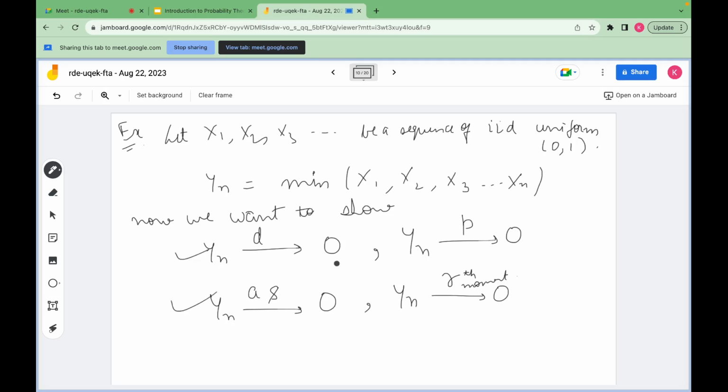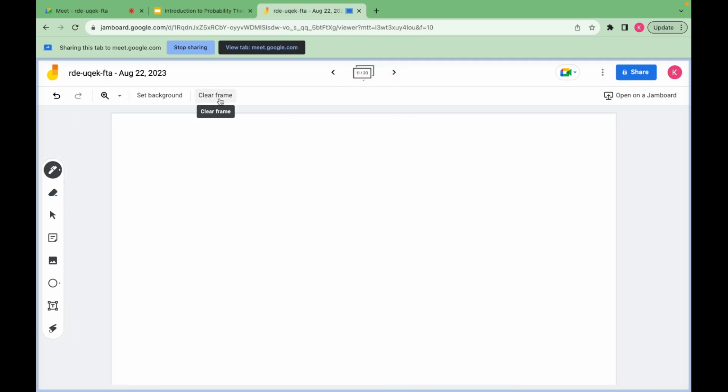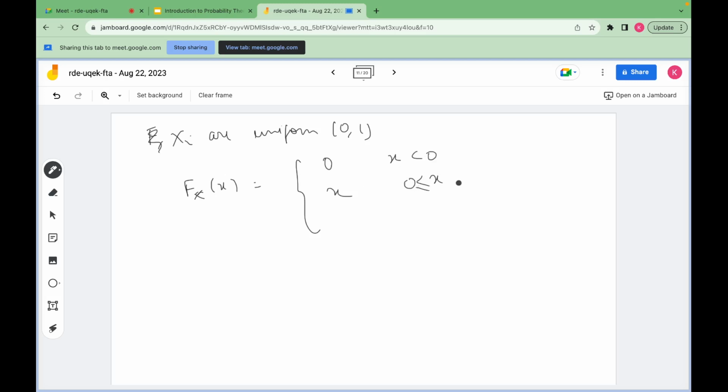We need to show all these convergences for this sequence Yn. We know that these Xi's are uniform between 0 and 1. So this Fx is 0 when x is less than 0, x when x is between 0 and 1, and 1 when x is greater than 1.